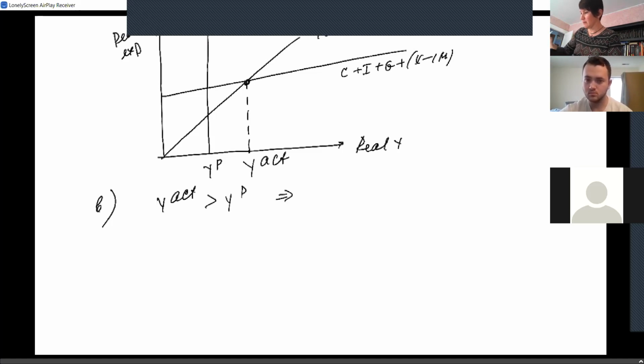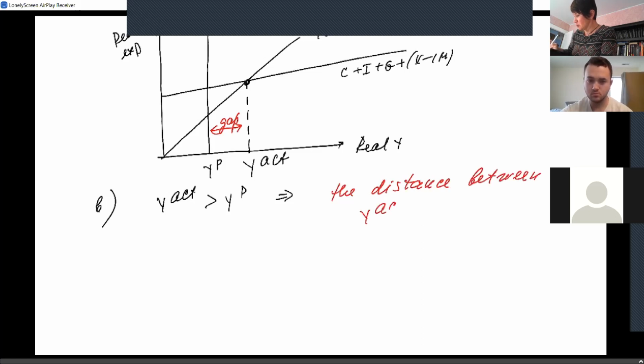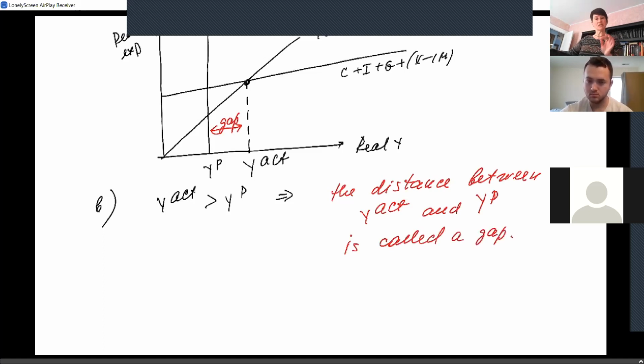Again, the distance between the two will be called a gap. The distance between actual GDP and potential is called a gap. But this time this gap is different from a recessionary gap, right?